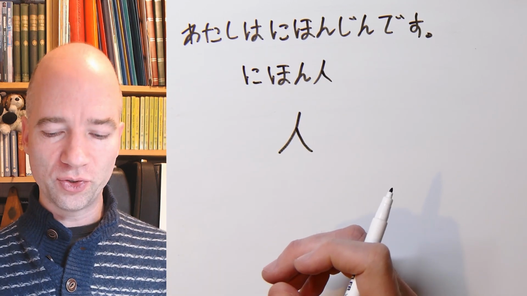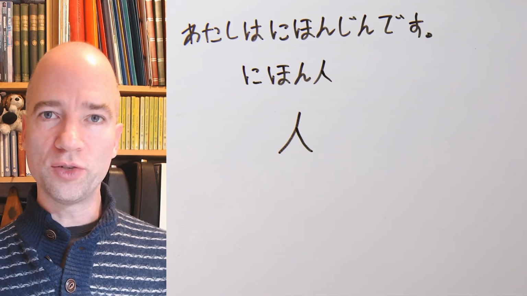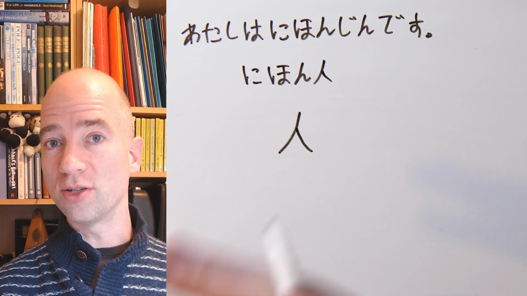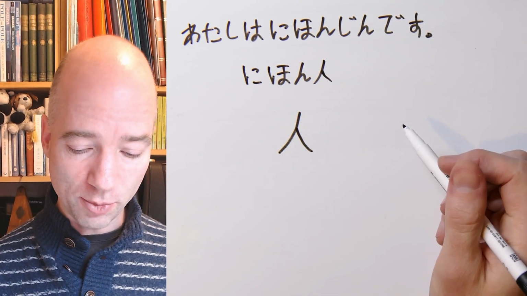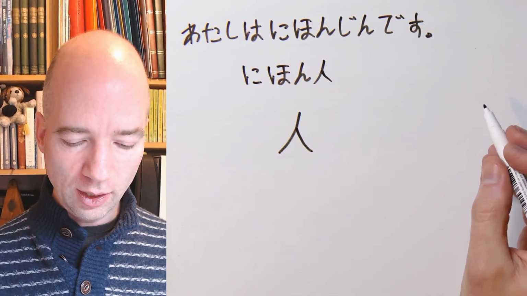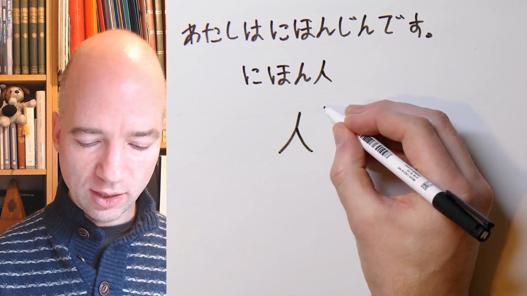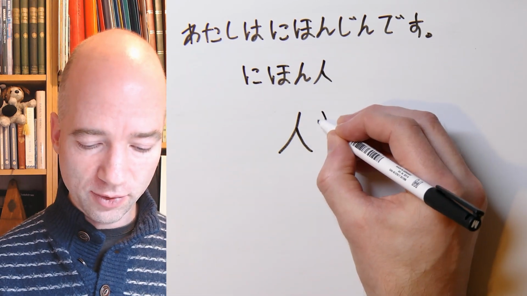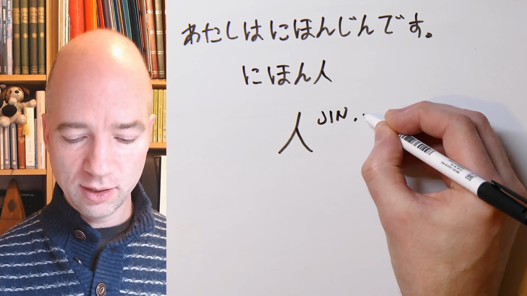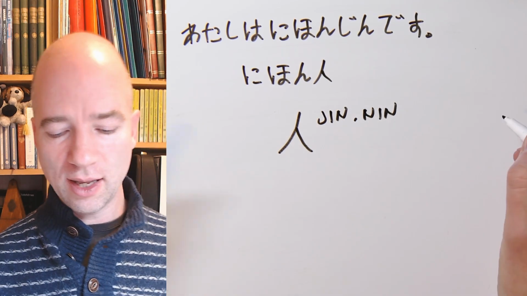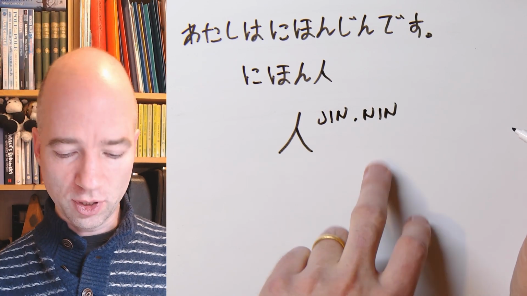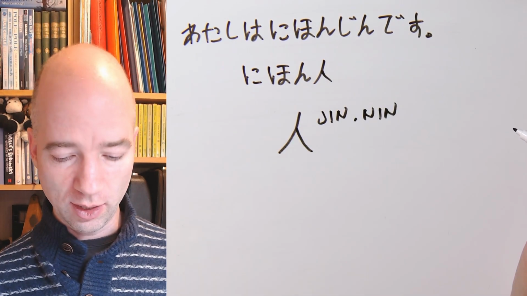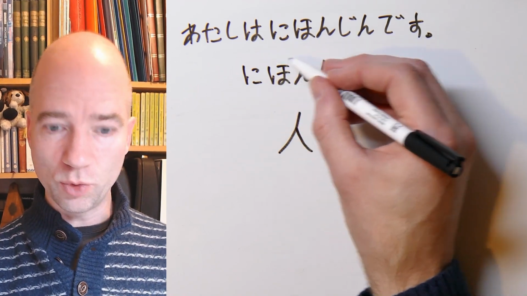And of course, this is used in loanwords from Chinese, which make up almost 50% of the Japanese vocabulary. So in this case, I'll just write this in Romaji now. So we have jin, nin. These are the Chinese pronunciations of the character. But you can see that is what we use now in this word, nihonjin.